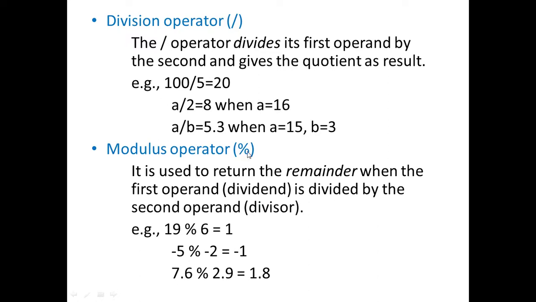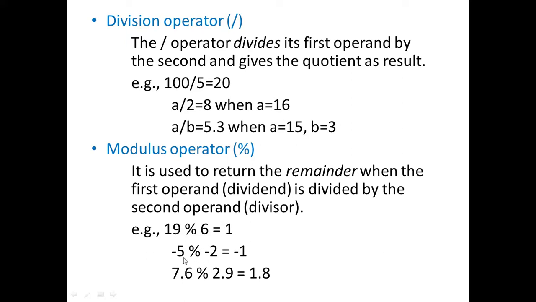For example, if 19 is divided by 6, then instead of giving the quotient 3, it will give us the remainder 1. So 6 will divide 19 three times, 18, and the remainder will be 1. So if I write 19 modulus 6, I will get the remainder, meaning the value 1.